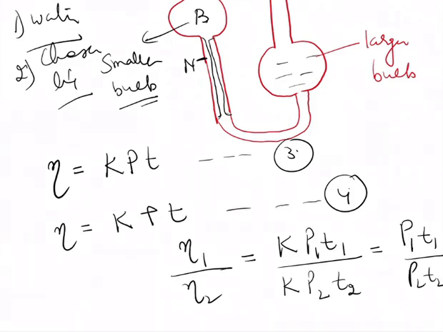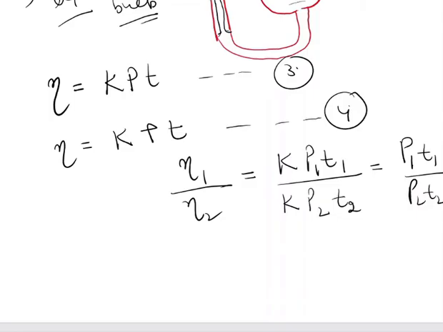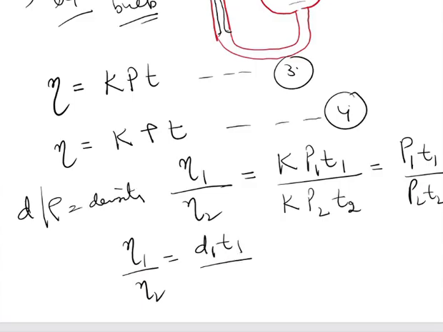Since pressure is proportional to density, I am putting D or rho, so eta 1 by eta 2 is equal to D1 T1 upon D2 T2, or it can also be written as rho 1 T1 upon rho 2 T2.